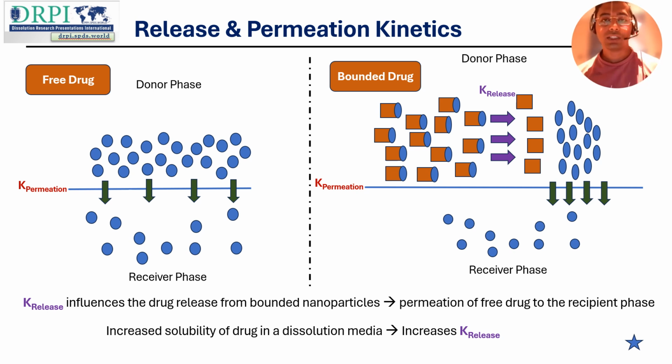The release kinetics is also influenced by the solubility of the drug in a particular dissolution media. By enhancing the solubility of the drug in a particular dissolution media, we are improving the release kinetics, and thereby we are seeing a higher release pattern, as we have seen in the case where we use a biphasic media where the organic phase contains 4:1 parts of methanol to acetone.